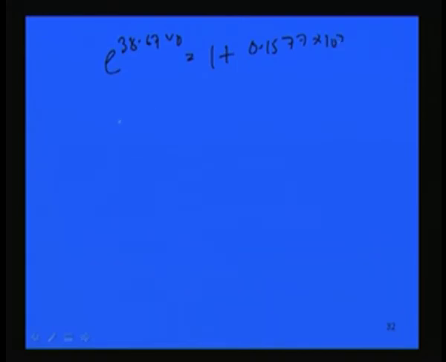So, we can now find the right side, which is equal to 1578, that is e to the power 38.67 VD equal to this. Now, 38.67 VD equals the natural logarithm of 1578, and that is equal to 7.3639.